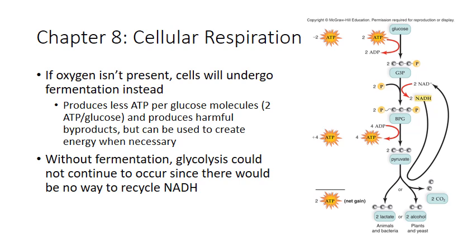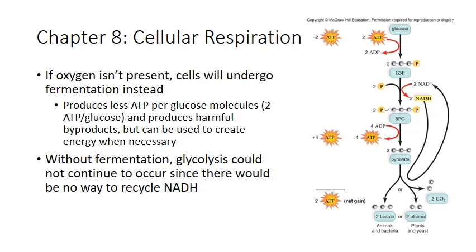I think this is our last slide. So oxygen is the final acceptor at the end of the electron transport chain. If oxygen isn't present, we can't go through all of cellular respiration, but we can go through the first step, which doesn't require any oxygen. That would be glycolysis. In glycolysis, we make some ATP as we break down glucose.